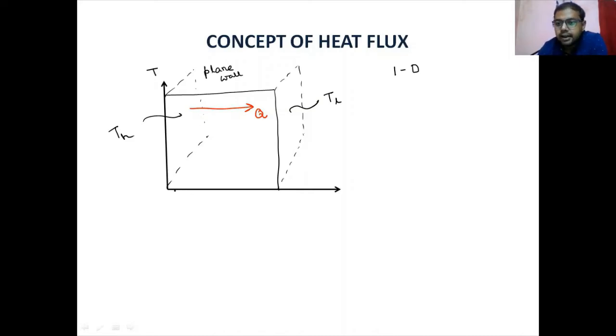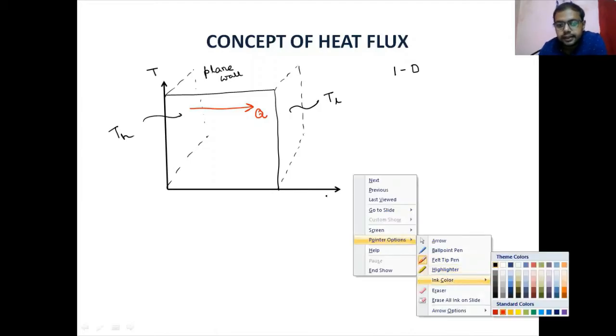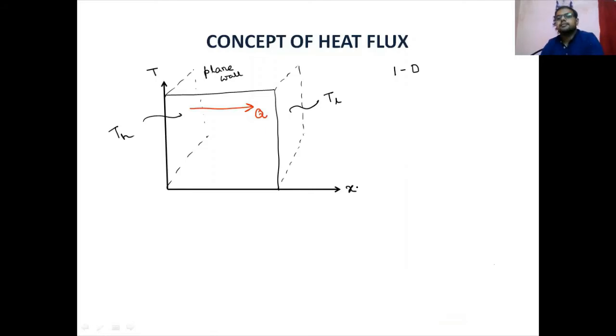This is a one-dimensional case, so let us take the X-axis; heat transfer is taking place along the X-axis. In the heat transfer subject, Q is the rate of heat transfer, whereas in thermodynamics Q is the heat transfer.